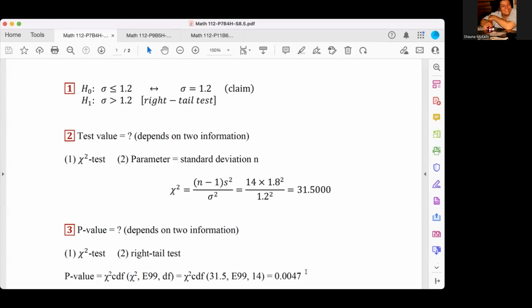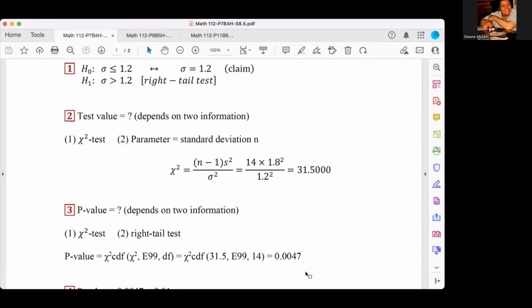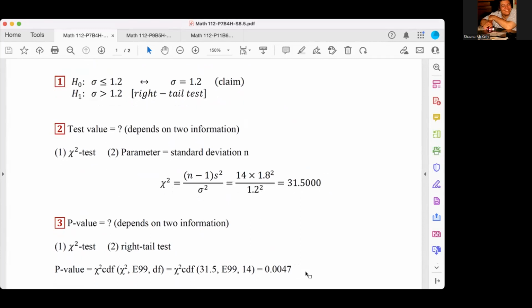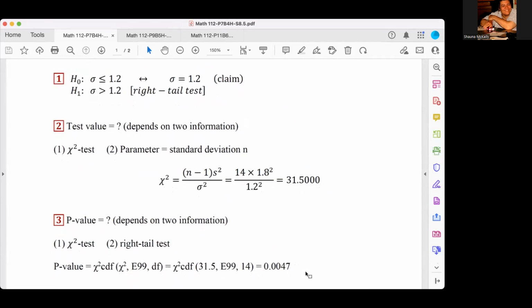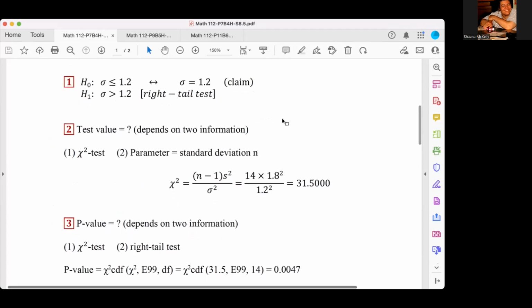The next step is to decide if we reject or do not reject the null. With the p-value, to make that decision, you compare your p-value to your alpha. I always write the p-value on the left side and my alpha on the right side.